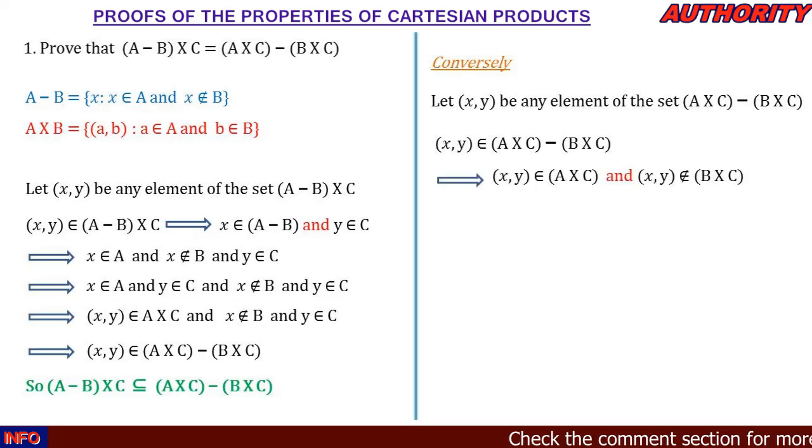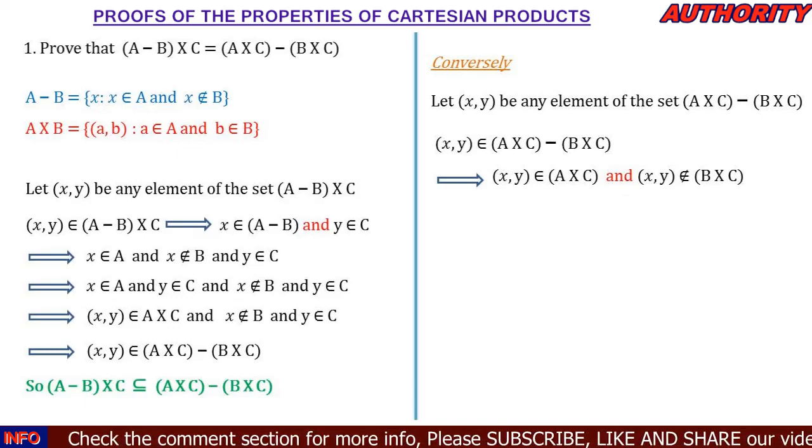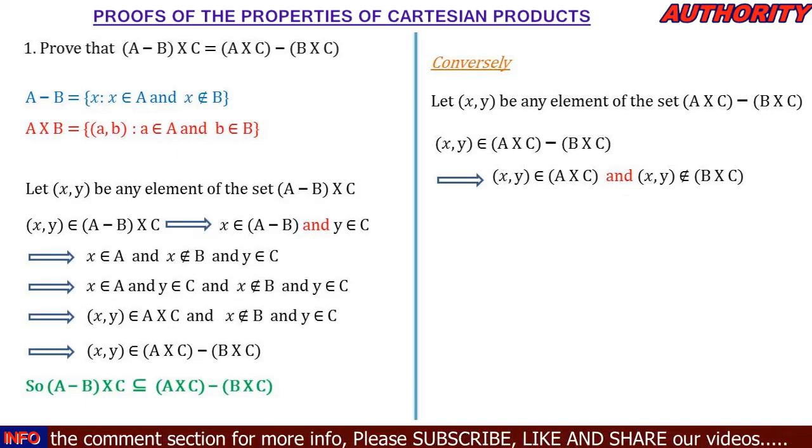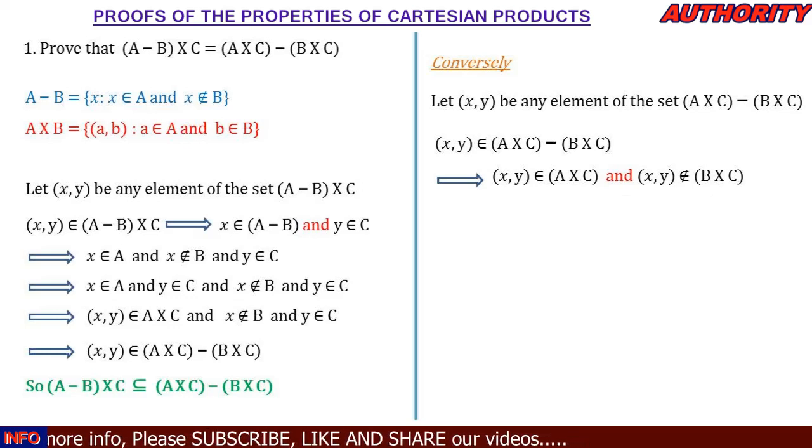That is to say that X comma Y exists in A cross C and X comma Y does not exist in B cross C. That is difference. It exists in A cross C but not in B cross C. Okay, now let's go.